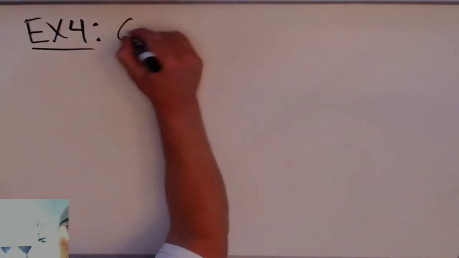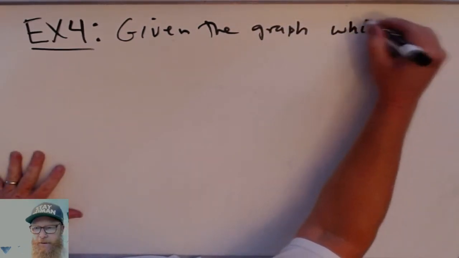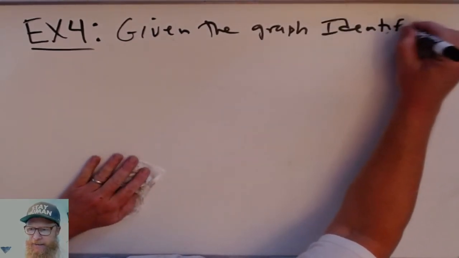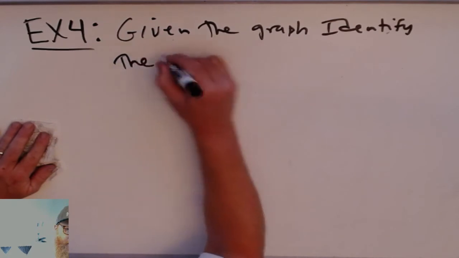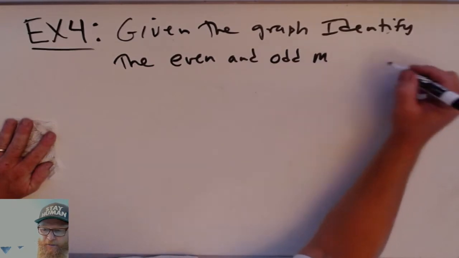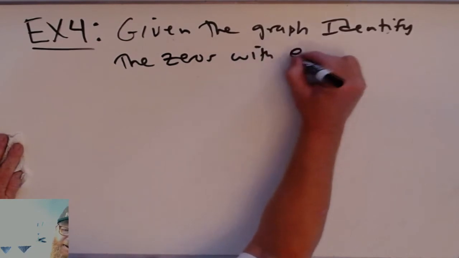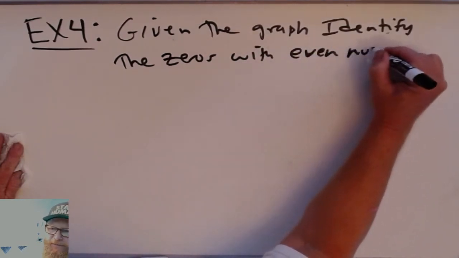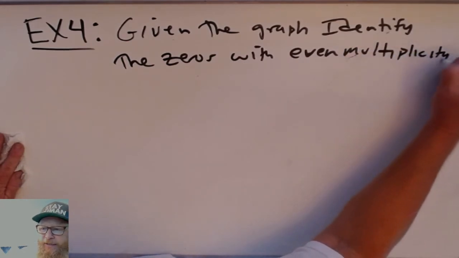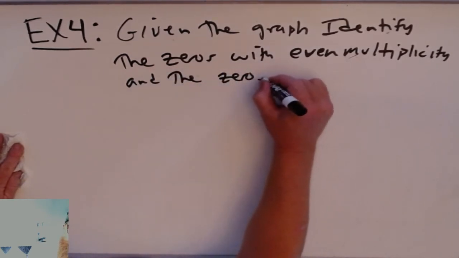Okay, so given the graph, identify the zeros with even multiplicity and the zeros with odd multiplicity.